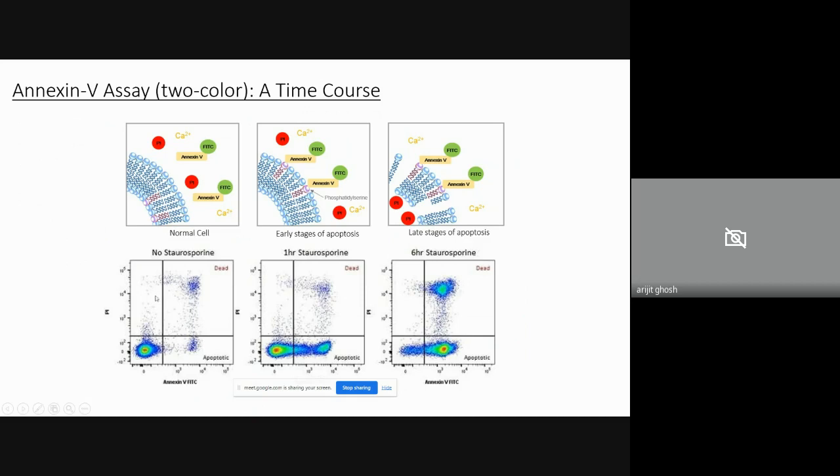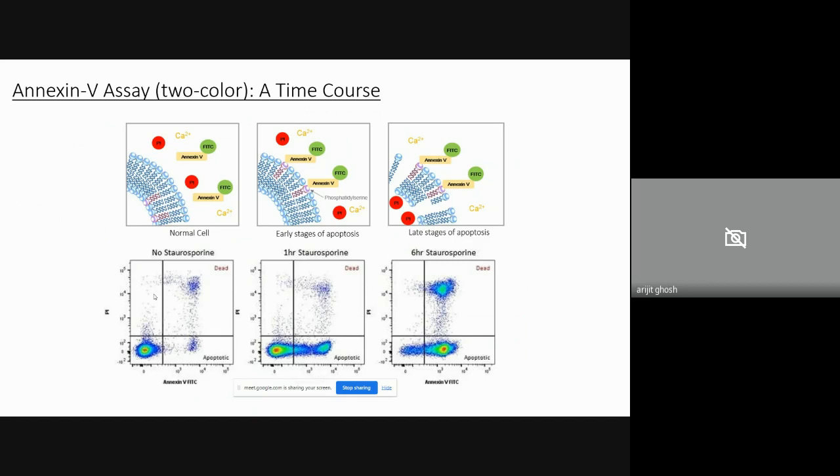There is also a phase which is not shown here. Some minute number of cells are in the necrotic phase. In necrosis, the cells are already accidentally dead, and there is no proper presence of phosphatidylserine, so annexin can't bind to the cell membrane and give fluorescence.